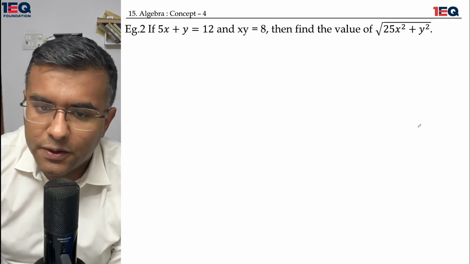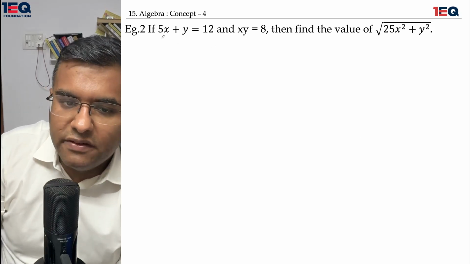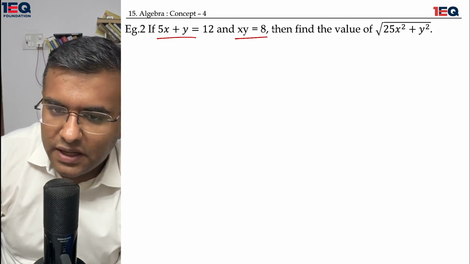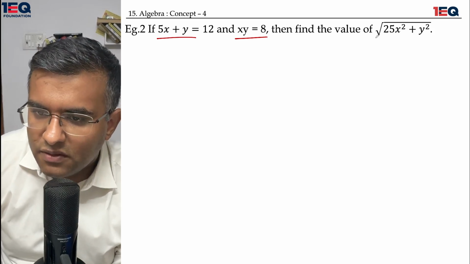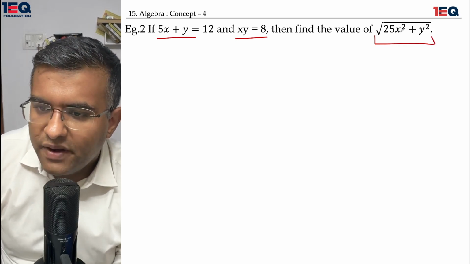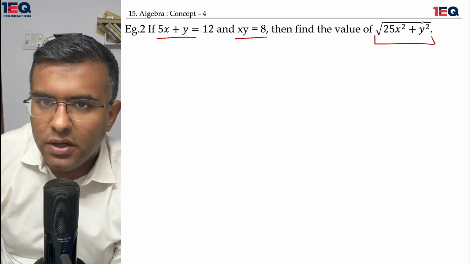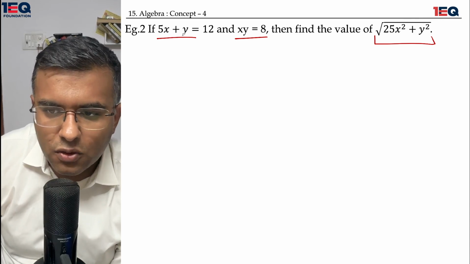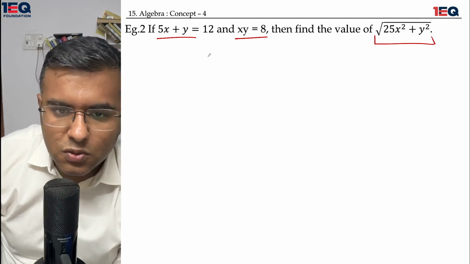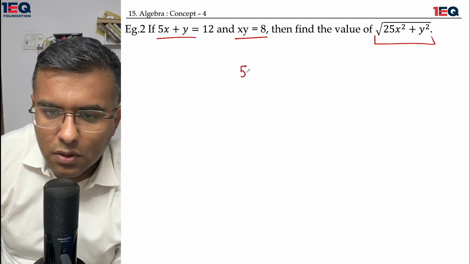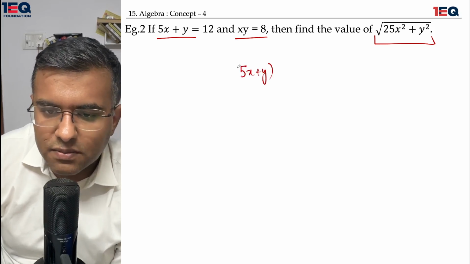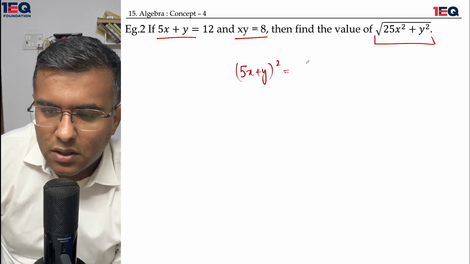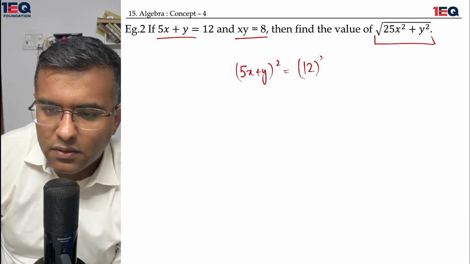Okay, let's move on. I have the value 5x plus y is equal to 12 and xy is equal to 8. Now I need to find out the value of the root of 25x square plus y square. As I can see, I need to put only this portion in the root. So I'll quickly square it down. I'll write 5x plus y whole square is equal to 12 square.